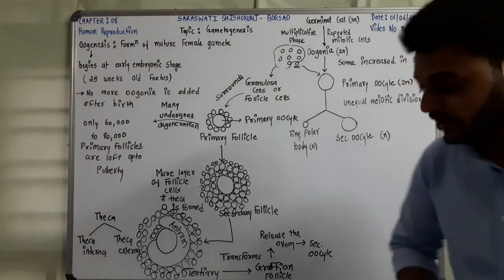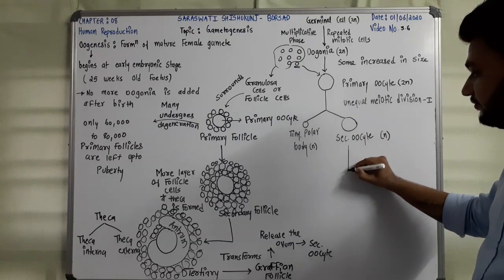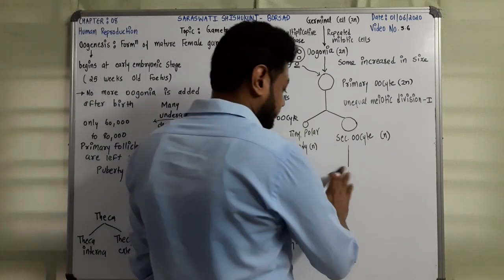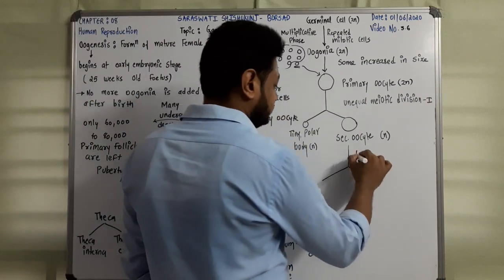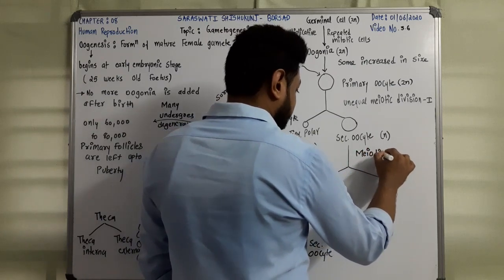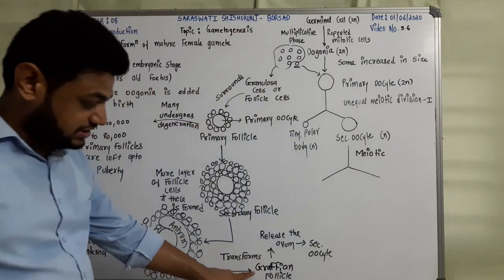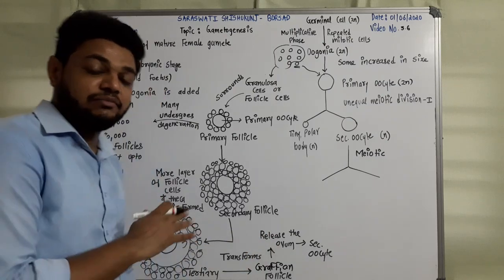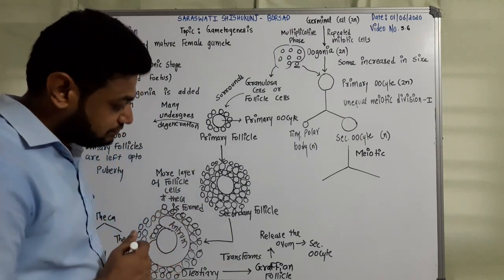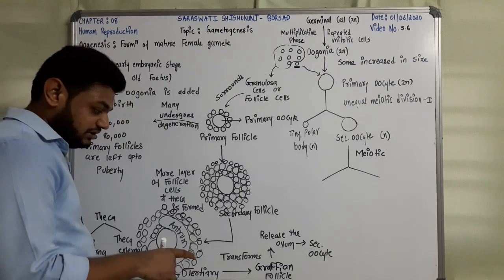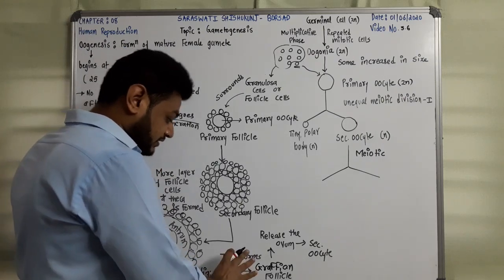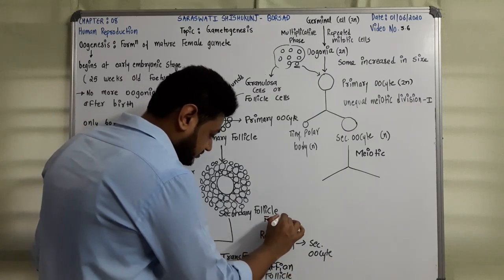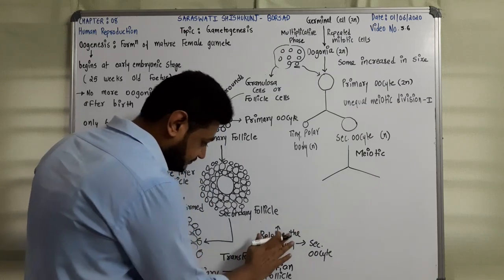Okay, now what is the fate of this secondary oocyte? It depends on the sperm. If a sperm fertilizes the secondary oocyte, at the same time it will continue meiotic division 2. Now in the Graafian follicle, the ovum will form a membrane around it called zona pellucida, right? So during this transformation of the Graafian follicle, this membrane forms before release.